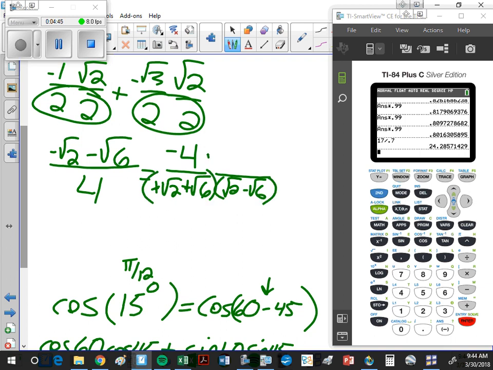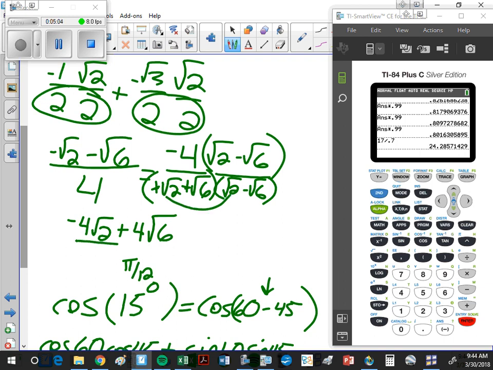And then I have to times the top by root 2 minus root 6. The top ends up being negative 4 root 2 plus 4 root 6. Right? And then the bottom, that gives me 2. What about this one?